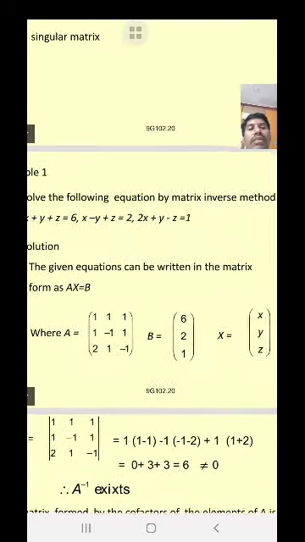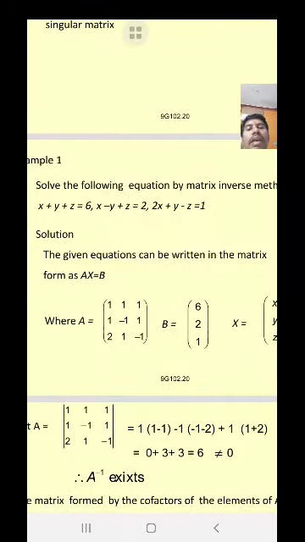The given equations can be written in matrix form as AX equals B, where A equals the coefficients of x, y, z from each equation. The first equation's coefficients go in the first row, the second equation's coefficients in the second row, like that.